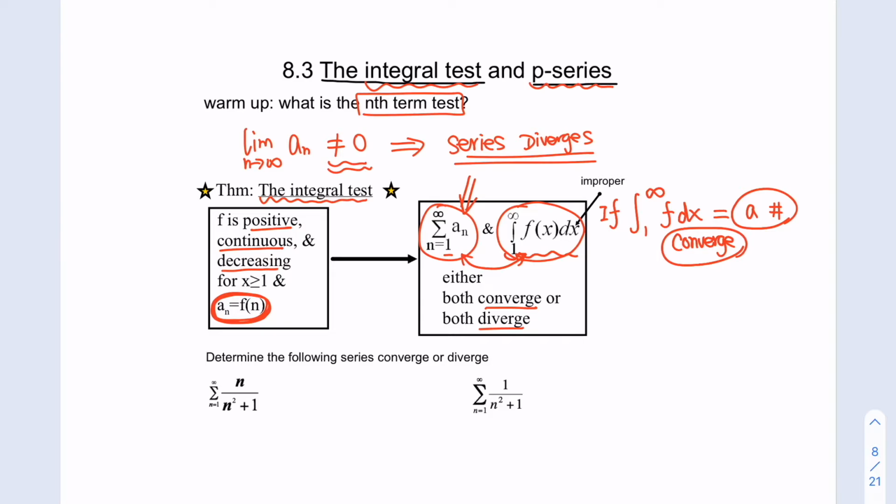However, keep in mind, they have the same property, but they are not equal. It's not equal to the sum from n equals 1 to infinity of a_n. Some students might have another question. If n doesn't start from 1, for example 2, it doesn't really matter, n from any number, this will work. Let me go over 2 examples.